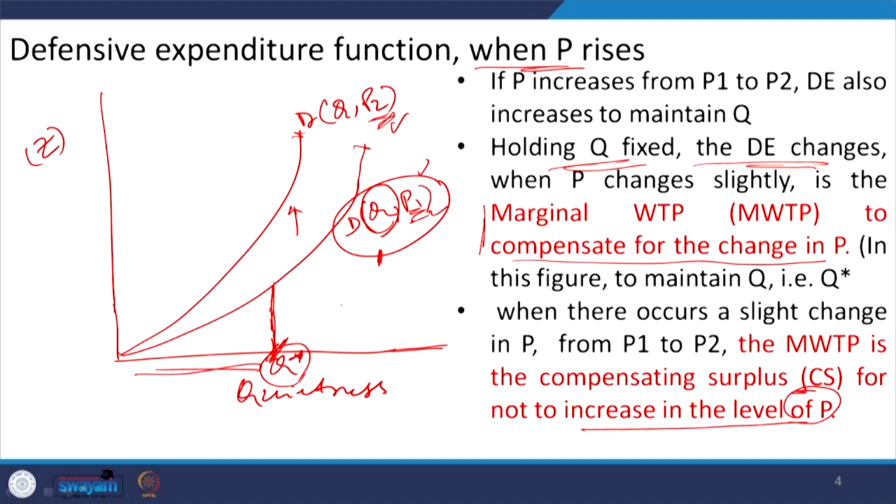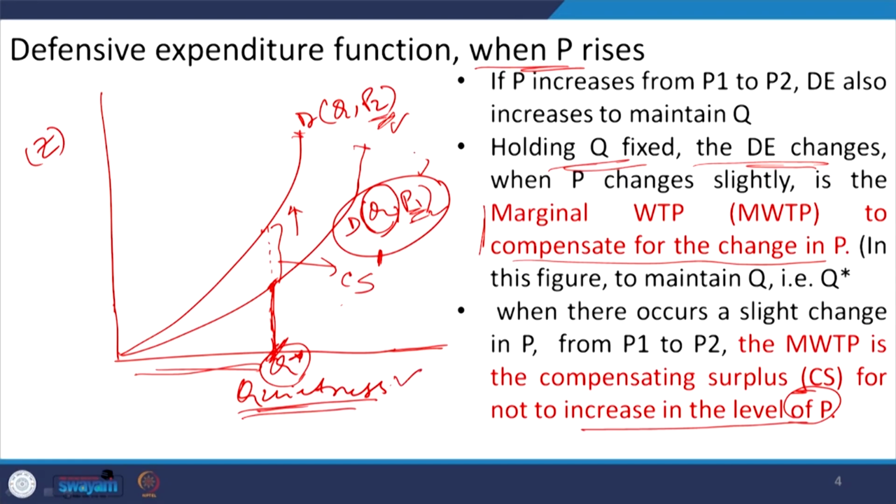So, that means the difference between these two areas would be the compensating surplus, or willingness to pay, that the household is now willing to pay in order to decrease the pollution level, or in order to have the constant environmental quality, that is quietness, inside the house.